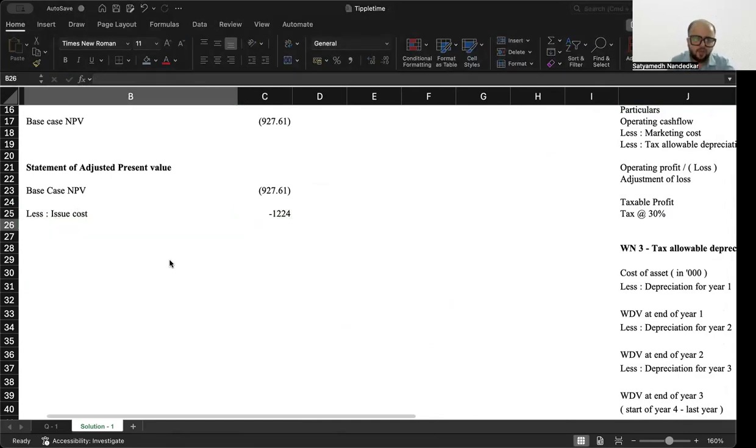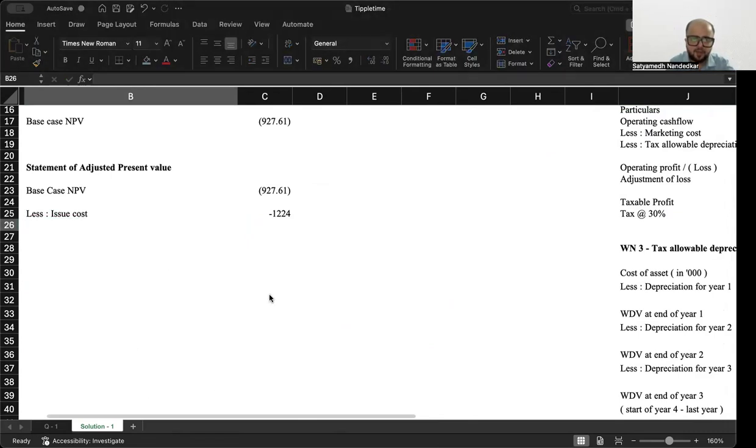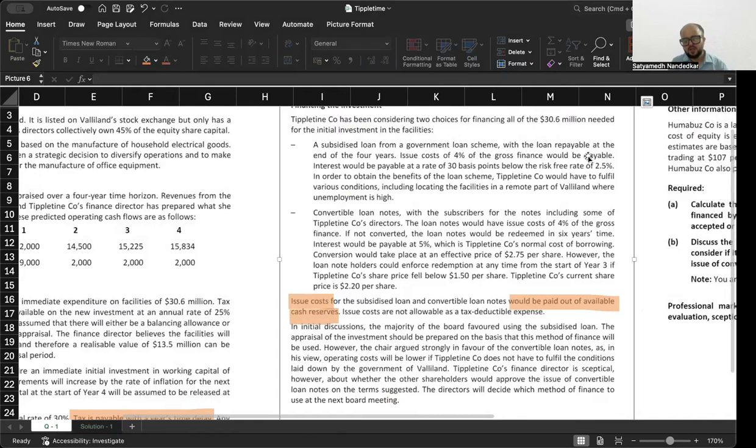Now I have to calculate the tax saving on my loan. Correct? I have to calculate the tax saving on interest. So what is the risk in this question? If you observe, I'm going for the cheap loan, right? The risk-free rate of interest is 2.5%, but I am getting the loan at 30 basis points below the risk-free rate. That means I am getting the loan at 2.2%.